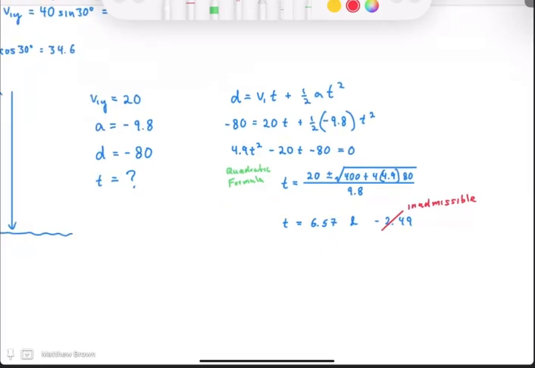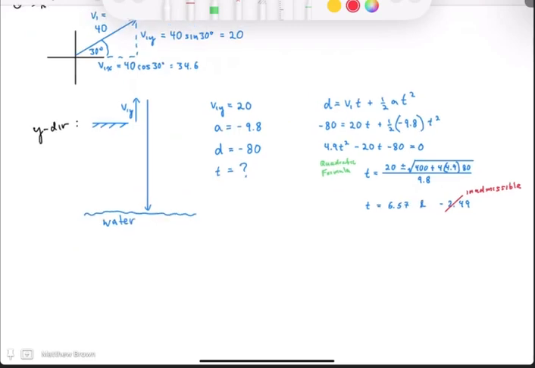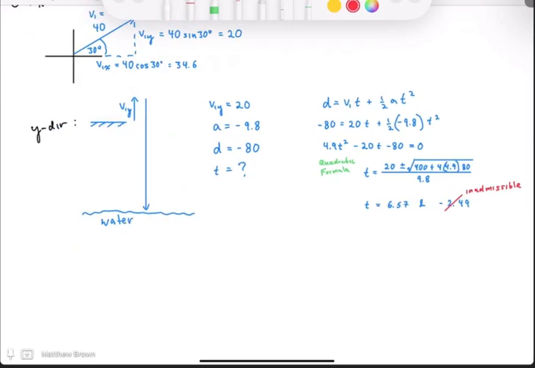Suppose this problem had been changed so that instead of starting here, the guy had been on a raft in the water and had thrown it so it goes like that, right? This negative 2.49 would be how many seconds before it got to 80 meters was it, did he throw it or something like that? So it does have a meaning, it's not nothing, but for our purposes, it's inadmissible.